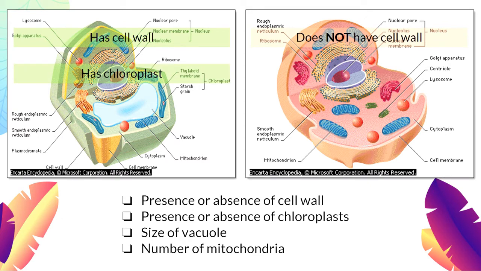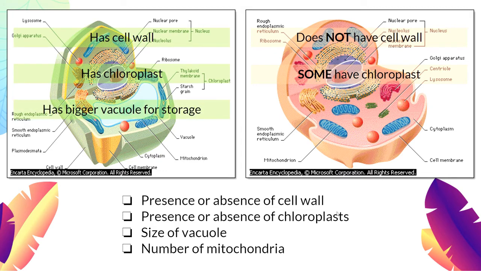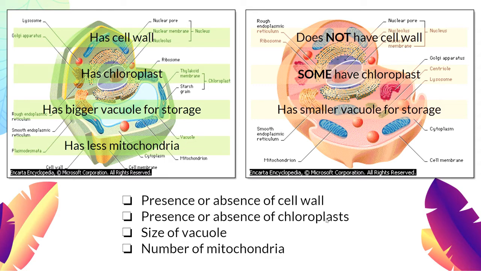Plant cells have chloroplast. Some animal cells could also have chloroplast. Plant cells have bigger vacuole for storage of water and food. Animal cells have smaller vacuole, and plant cells have less mitochondria, and animal cells have more mitochondria.